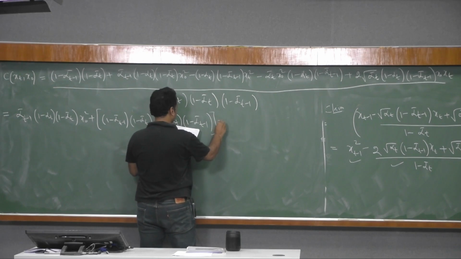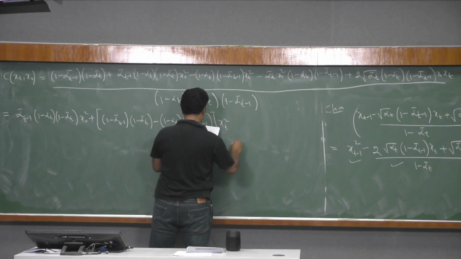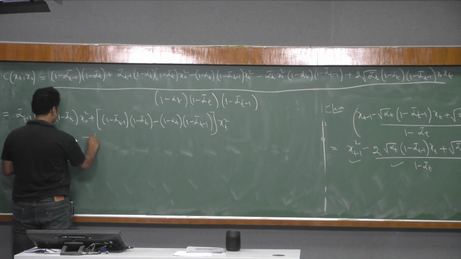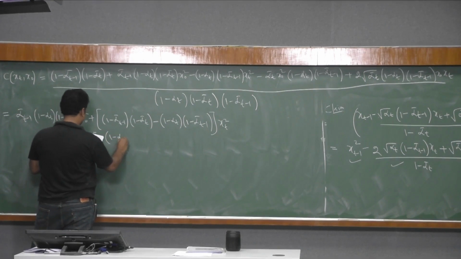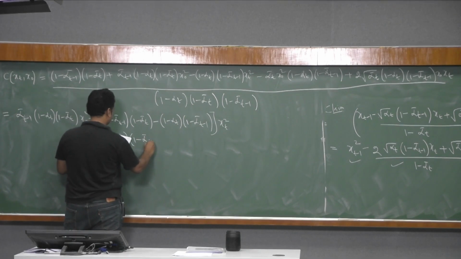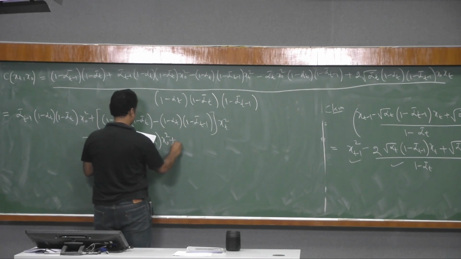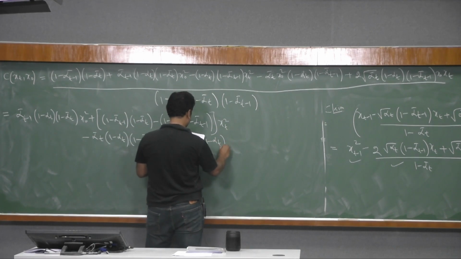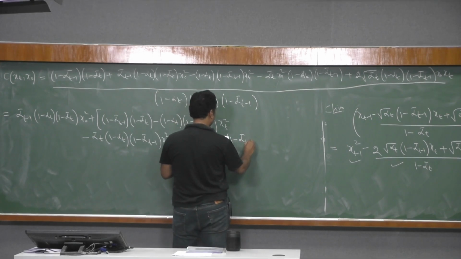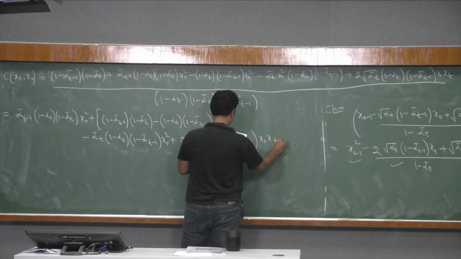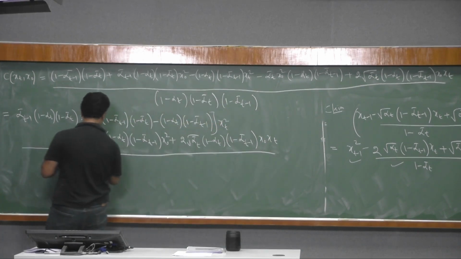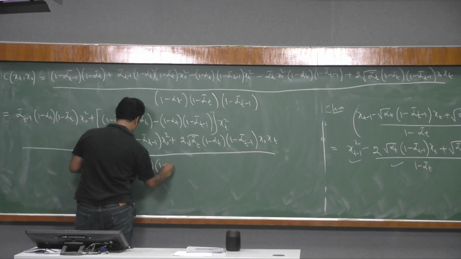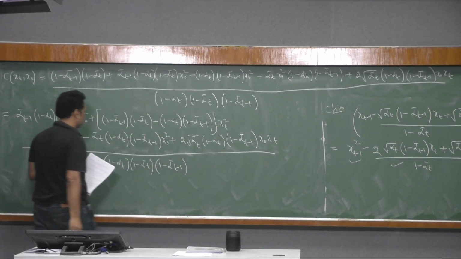So this goes with xt squared, so we are taking it common, and then we have minus alpha bar t, 1 minus alpha t, 1 minus alpha bar t minus 1, x naught square, 2 alpha bar t, 1 minus alpha t, 1 minus alpha bar t minus 1, x naught xt. All these things divided by 1 minus alpha t, 1 minus alpha bar t, and 1 minus alpha bar t minus 1.